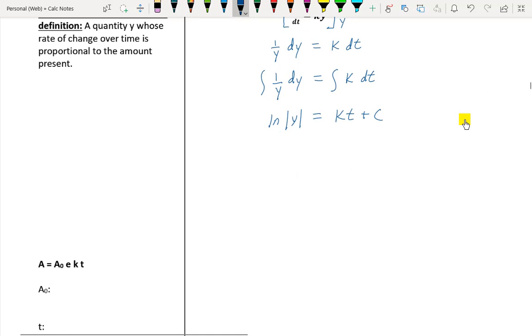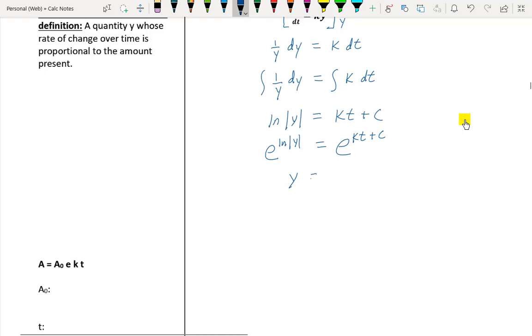To solve for y here, we want to raise each side. We're going to exponentiate. We're going to raise each side, ln of the absolute value of y and e to the kt plus c, the whole side being raised with a base of e. Now, if we look at the left side, e to the ln absolute value of y would be the absolute value of y, but I'm not going to put the absolute value on there.